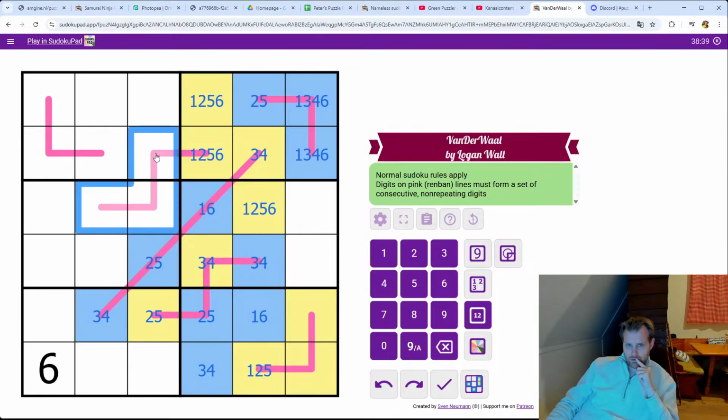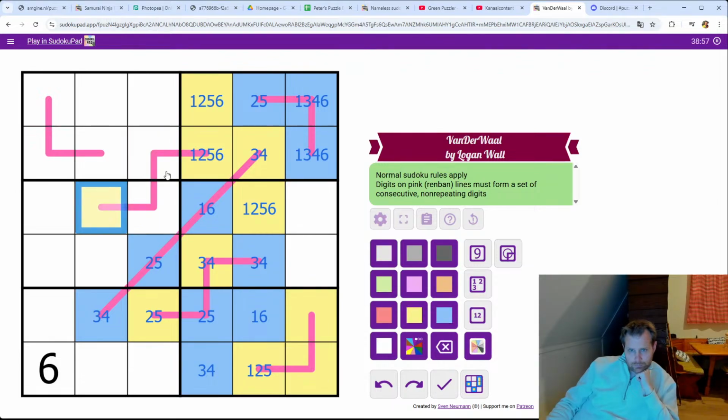Oh, interestingly, the blue 2, 5 can't be here. So this is 3 yellows and blue 3, 4.